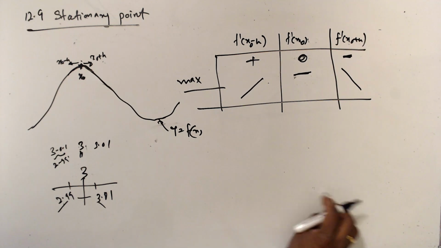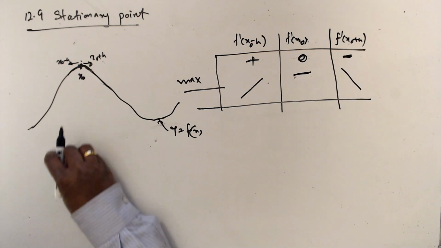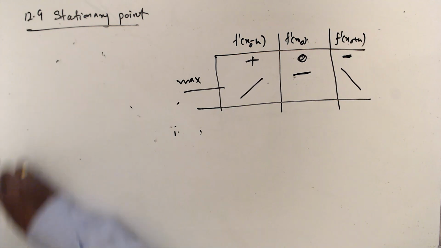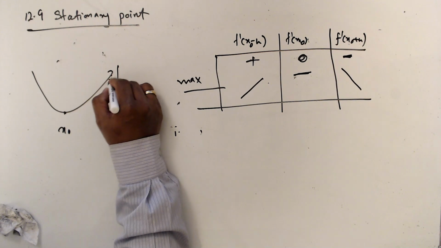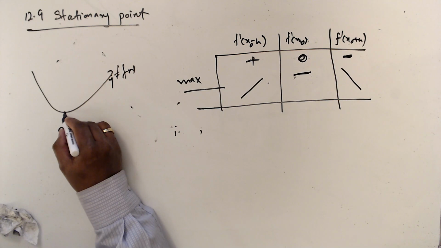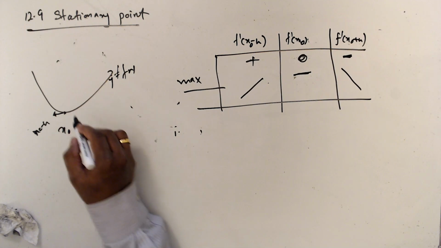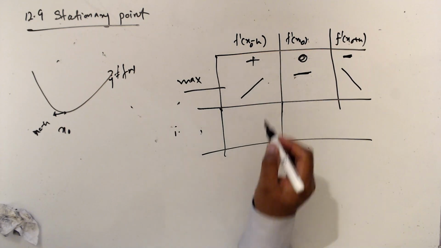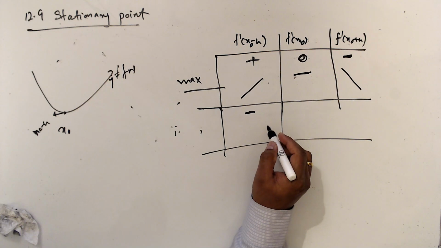So same as when you go to, assume now this is the x naught, and this is the y equal f(x) curve, and go to the left, x naught minus h, and check f dash x naught, and you find out this is negative now, right?